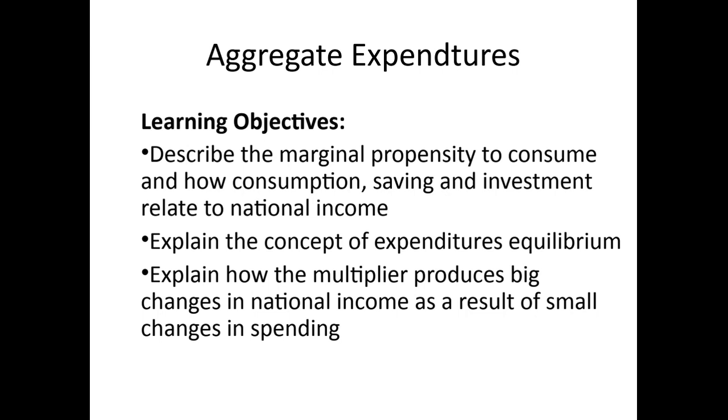Explain how the multiplier produces big changes in national income as a result of small changes in spending. So I'll also discuss the formula for calculating the multiplier, and we see how we use the concept of the multiplier to determine the impact of an increase in any of these four components on equilibrium GDP or real GDP.